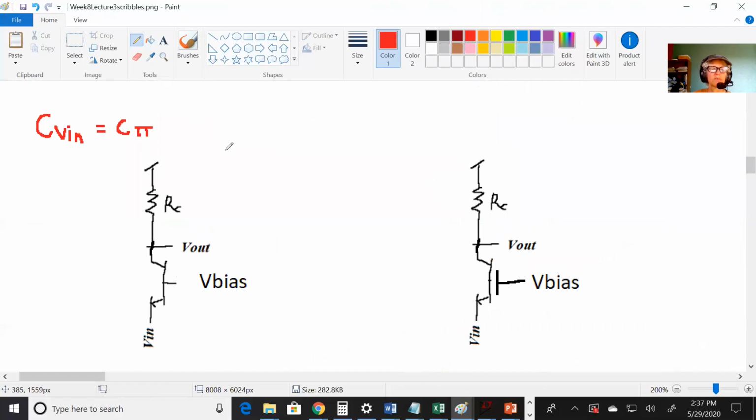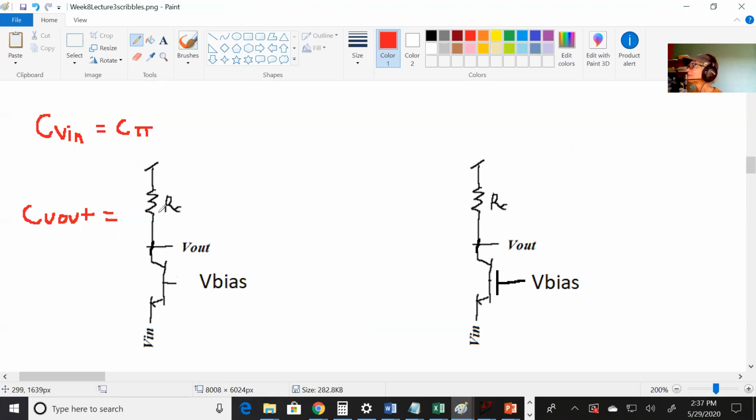Okay, what about C Vout? To find the capacitance, you have to go in all directions. The first direction you might go is up and hit the resistor. How much capacitance do you see there? No capacitance? Yeah, we'll treat that as ideal.